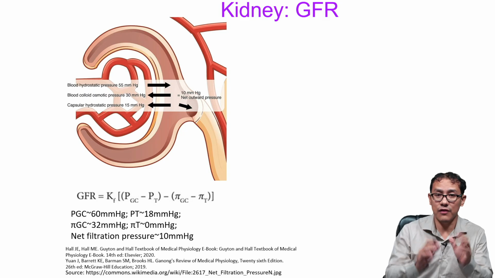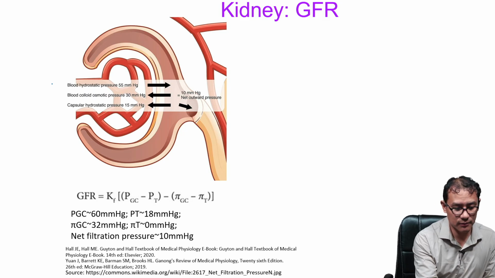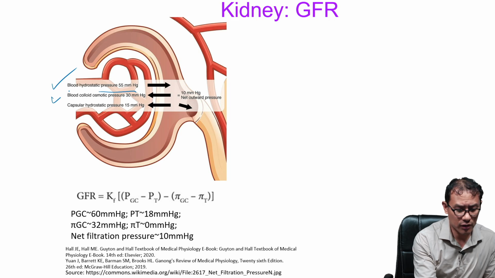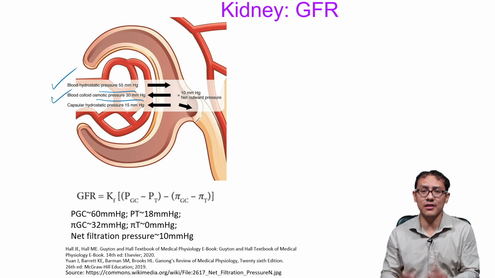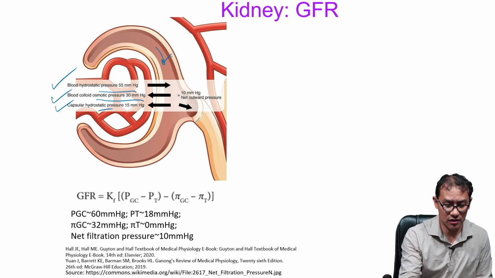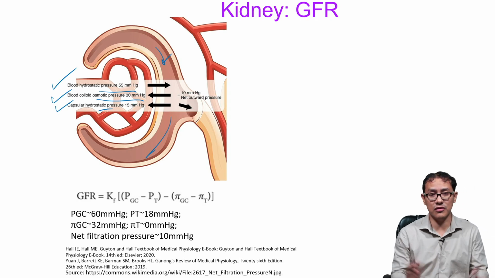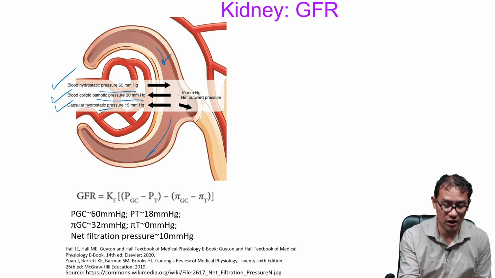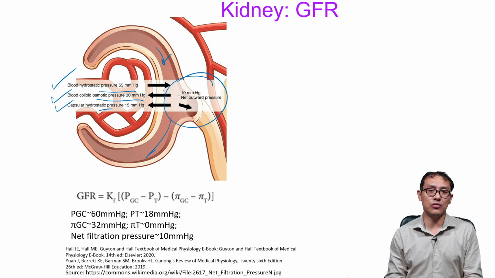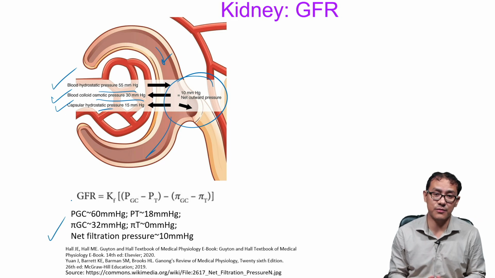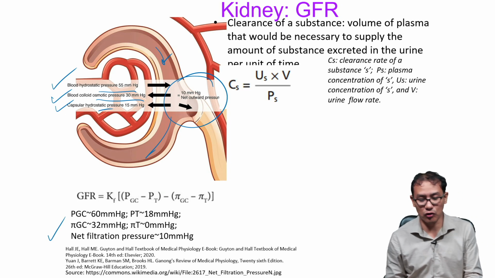Similarly, if you fill in the values, for example, blood hydrostatic pressure is approximately 55 millimeters of mercury, the blood oncotic pressure is approximately 30 millimeters of mercury, and the capsular hydrostatic pressure that is present in the Bowman space is 15 millimeters of mercury. So if you fill these values in the formula, you can see that a net filtration pressure of 10 millimeters of mercury is present, which favors the filtration normally.